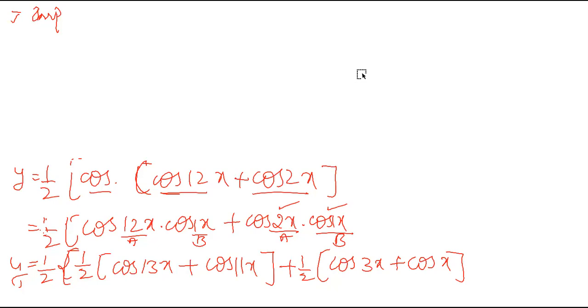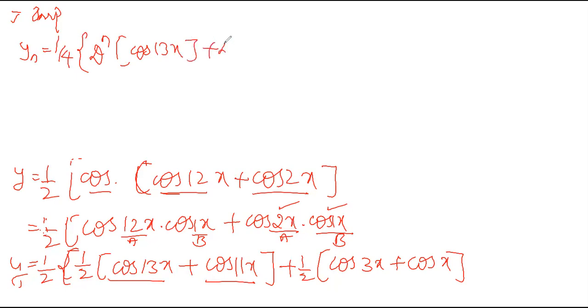1 by 2 into 1 by 2, that is 1 by 4. I write here y is equal to 1 by 4 into the n term of this one and this one. The n term of cos 13x, then plus the n term of the next one, cos 11x.